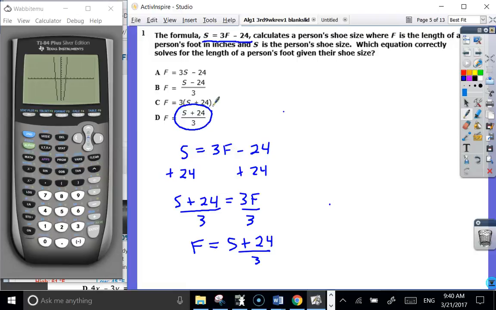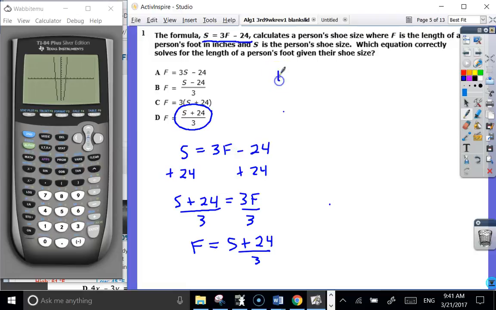Now, there is another way you could do this. Usually what they give you to start out with is solve for one of the letters, and the 4 answers are solved for another letter. So what you can do is make it up, like substitute some value in the original equation. Let's make up a value of f.